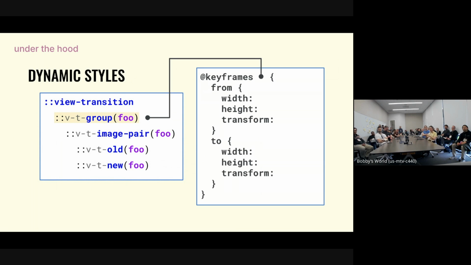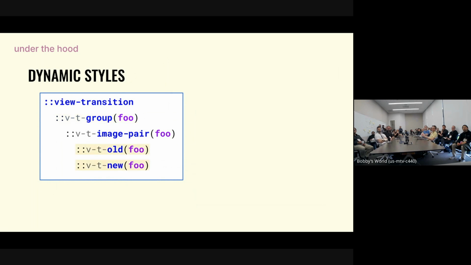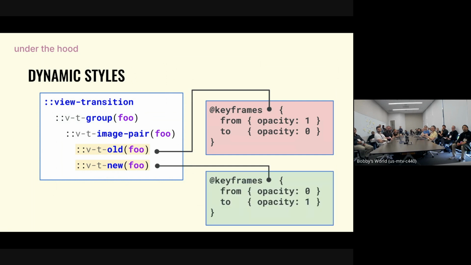So the group has keyframes that are taking you from the old size and position to the new size and position of the participant. And the VT old is fading out, and the VT new is fading in.